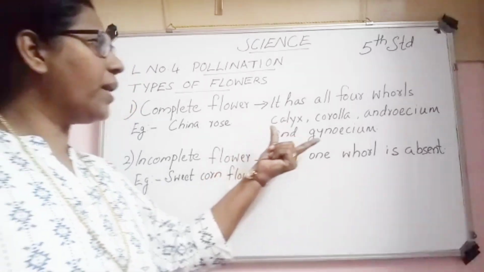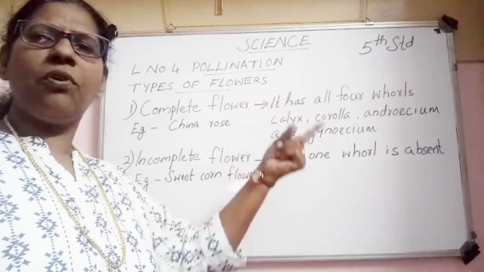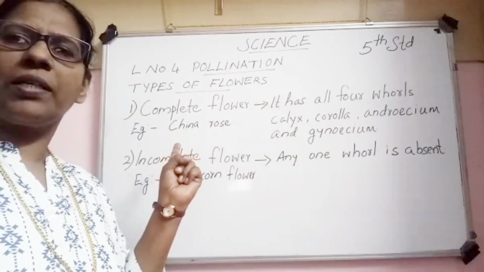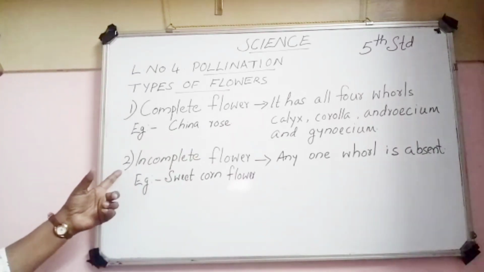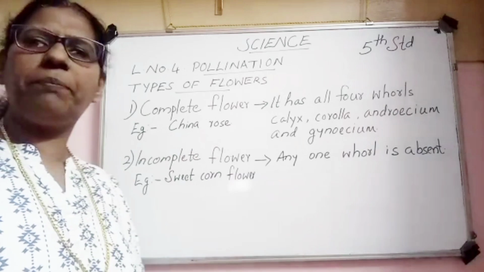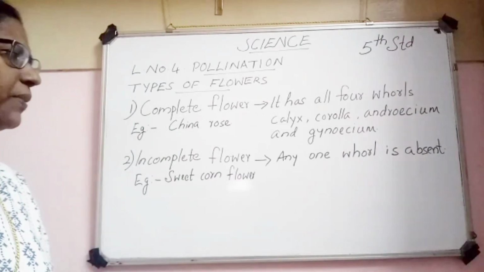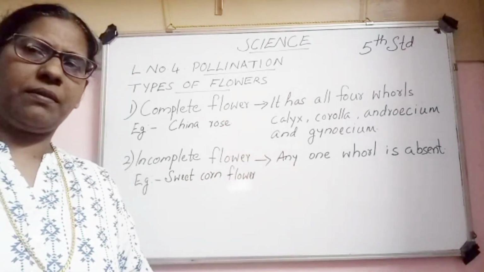So now you understood what the 4 whorls are. If all these 4 whorls are present in a flower, then that flower is called a complete flower. Now the second type is incomplete flower. In this, any one whorl is absent.